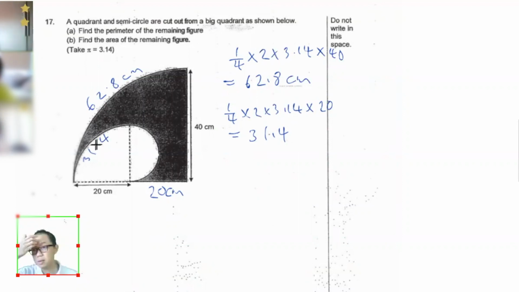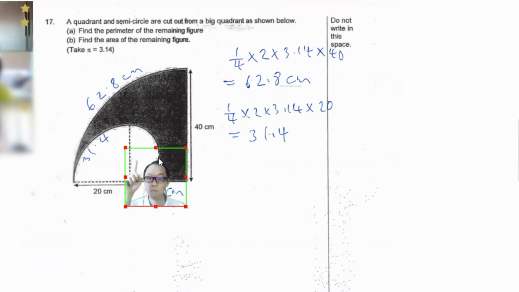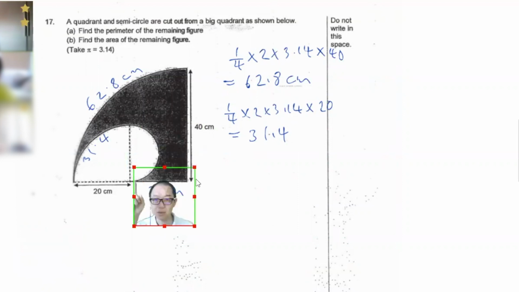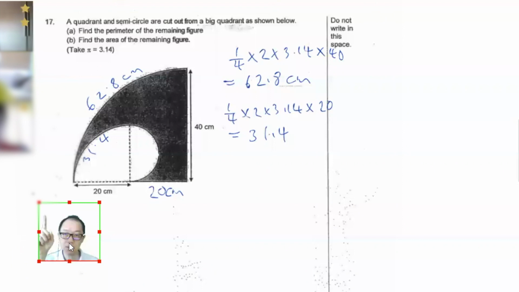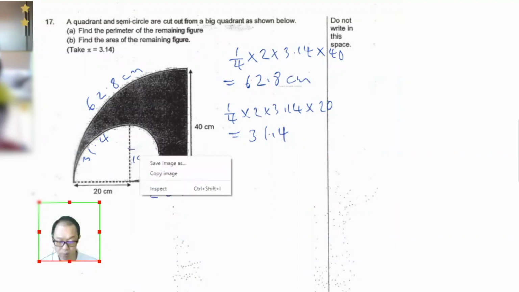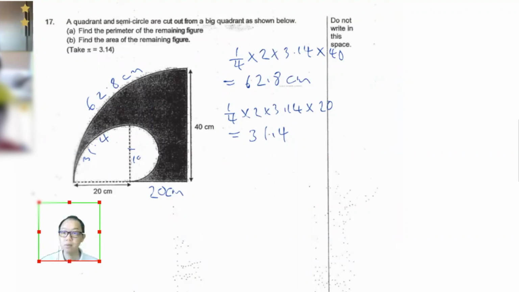Next, I want to find the semicircle. This is the semicircle. Now to find the semicircle, what is the radius? It's 10, right? It's 10. Okay, the radius is 10. So now it's a semicircle.